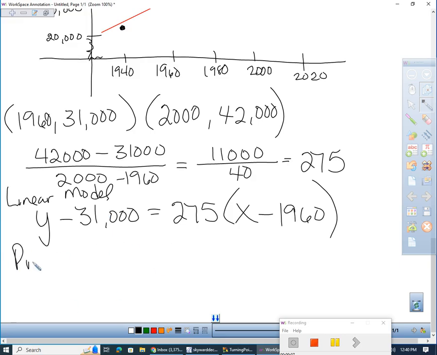Let's predict in 2060. You guys will still be around, right? So if I'm going to predict how much we have in 2060, I'm going to take 2060 and put it where? For x, exactly, for x.